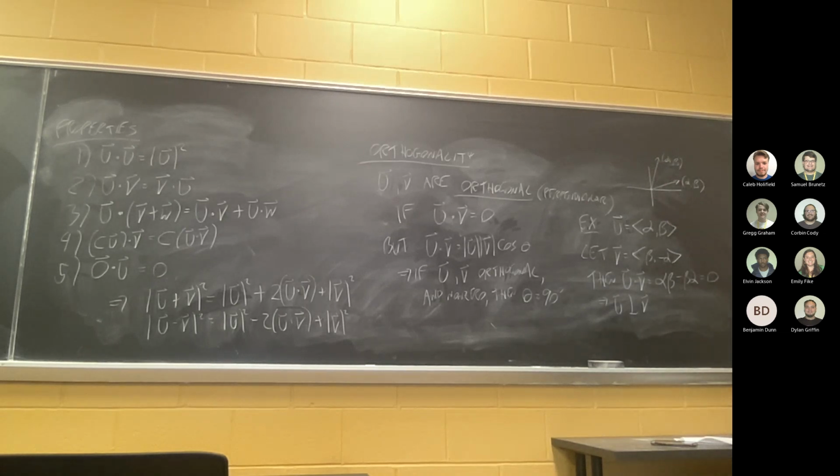They're not perpendicular. But now, if I negate, say, the y component, that would put me down here. This is alpha, minus beta, and you can see they're perpendicular. Whereas if I negate the other component, minus alpha and beta, that is also perpendicular to the original.